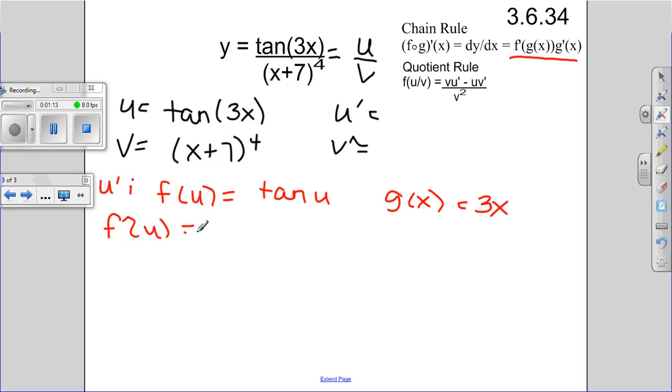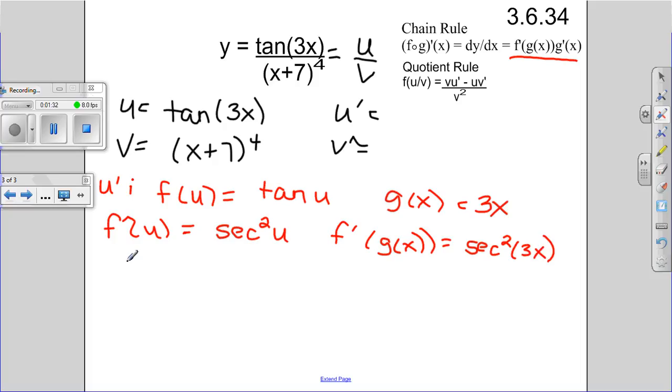F prime of u is simply the derivative of tangent u, which is secant squared u. So f prime of g of x, we just substitute g of x, which is 3x, in for u, and we get secant squared 3x. G prime of x is simply the derivative of g of x, which is 3.